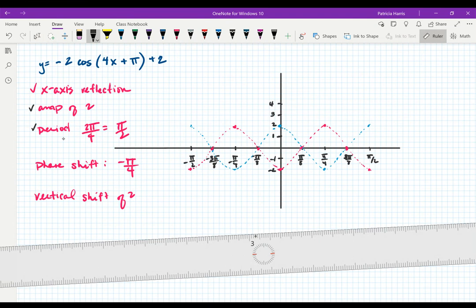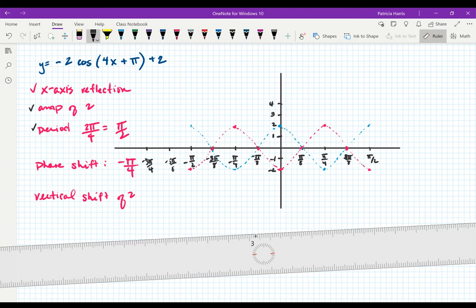All right. So this would be 5 pi over 8. This would be negative 6 pi over 8 or 3 pi over 4.